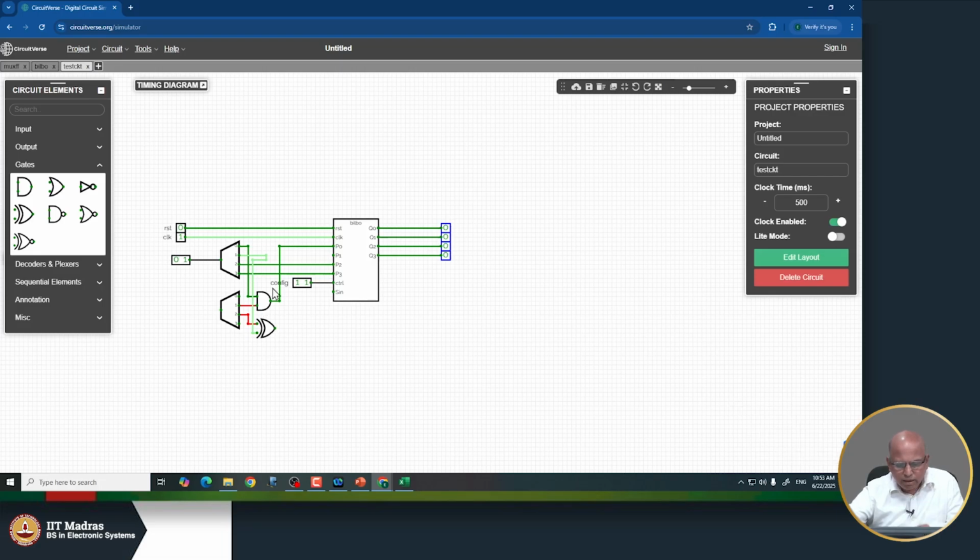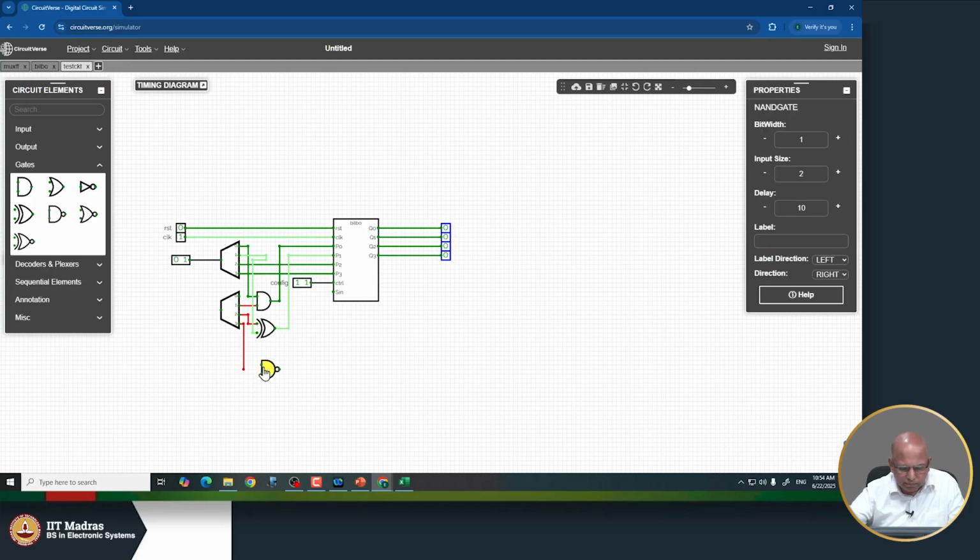Right, and this can go to P1. And this third one can go to another gate, maybe an AND gate.